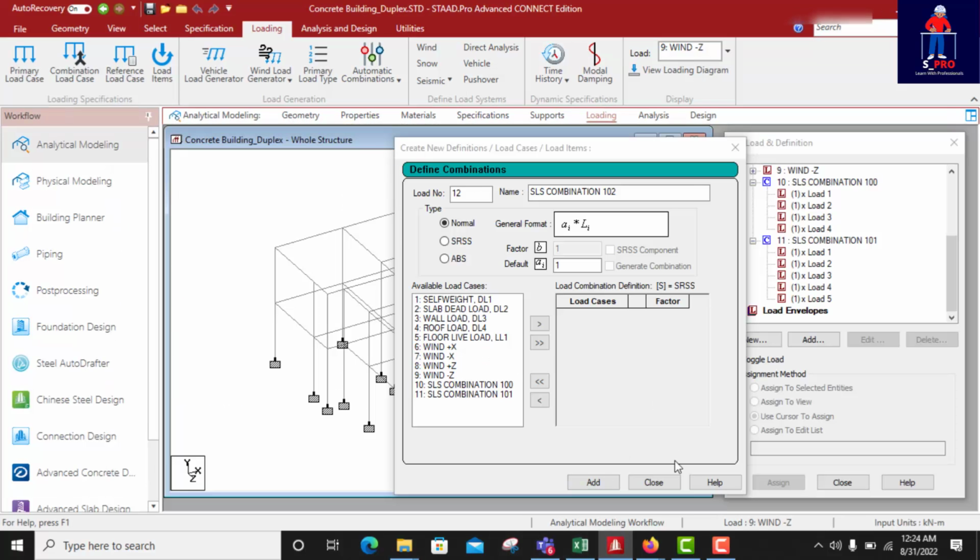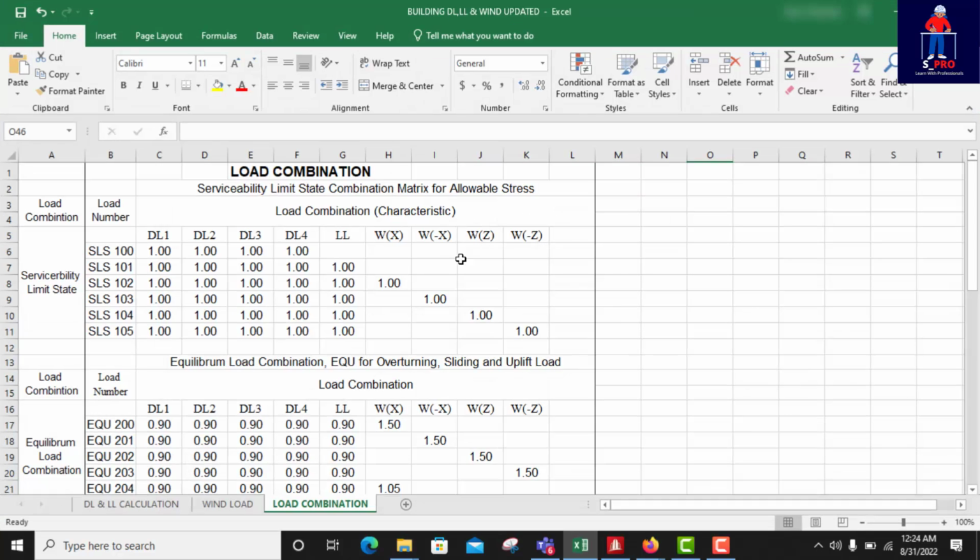Then the third load combination, which is 102. The third one is all the dead load and live load, then one of the wind loads in positive direction. Then the next one will be the same thing, plus the wind load in negative direction. Then we'll just be alternating the wind loads.